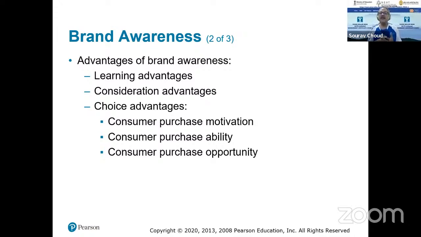Whether I can purchase it, whether I'm motivated to purchase it. I don't have an iPhone. I want to buy a mobile. Do I purchase it that time? That's my choice. Do I have the ability to purchase it? Do I have the affordability to purchase it? Do I have an opportunity to purchase? Yes, I have an opportunity. I don't have a mobile. I need a mobile, so I have an opportunity. Do I have the affordability? Do I have the motivation? All comes from that brand awareness.